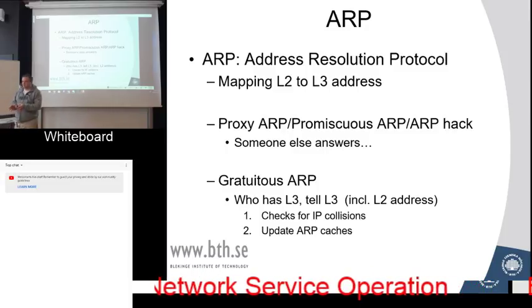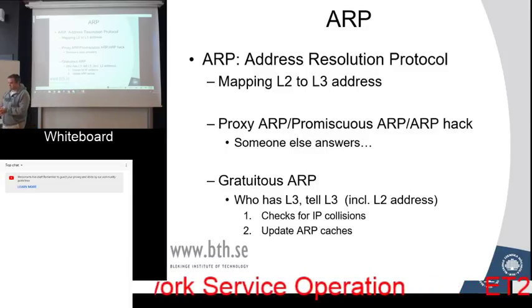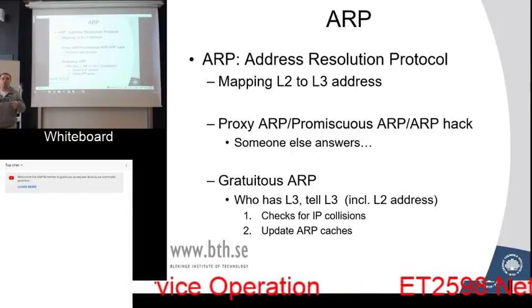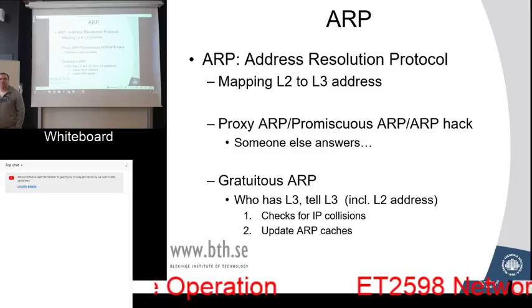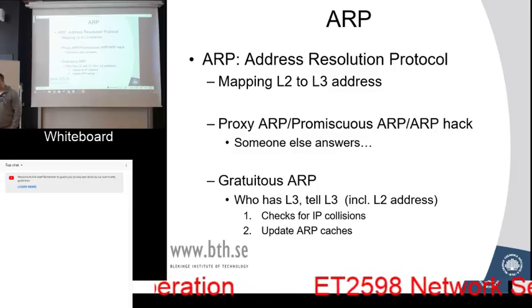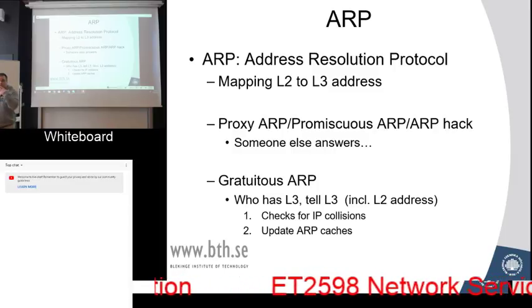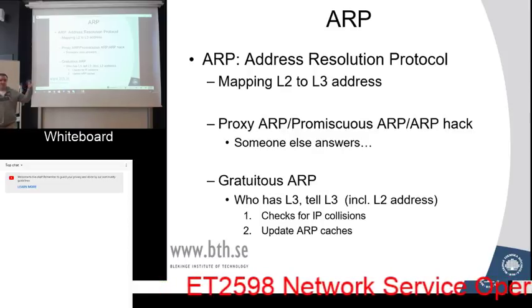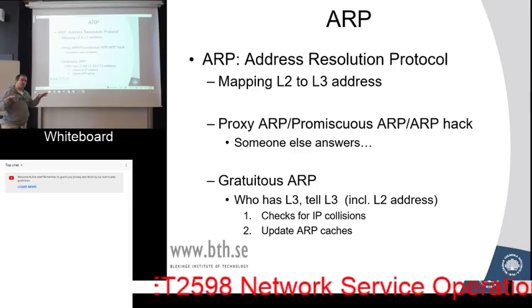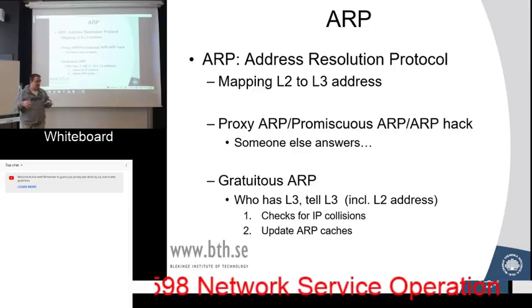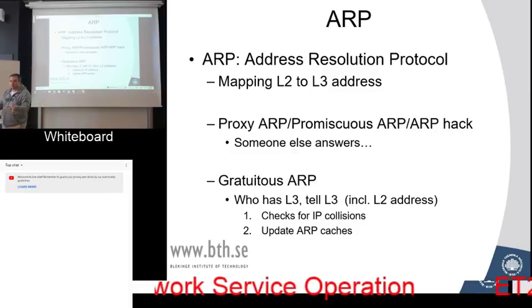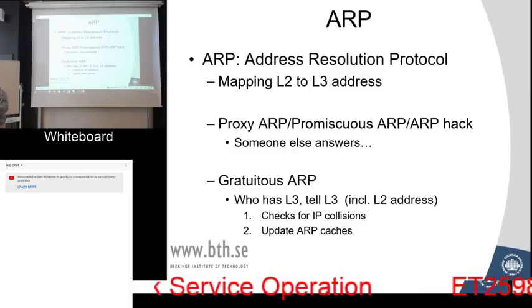So basically, we're on layer 3 and we need to know what is the layer 2 address of another layer 3 entity. So we send, hey, who has this IP address? Please tell, and then we put our layer 2 address. This is broadcasted out on the LAN segment. Pay attention, it's broadcasted out.